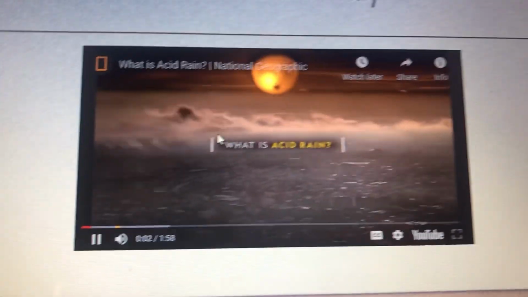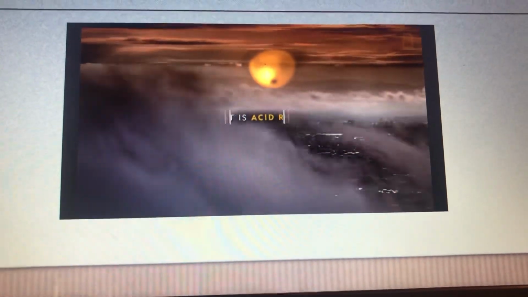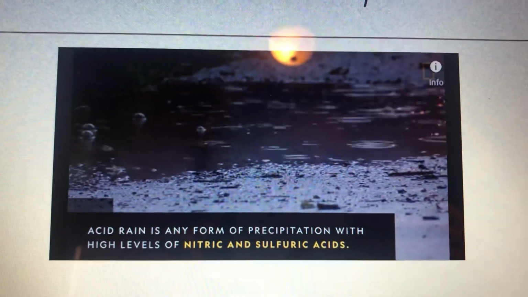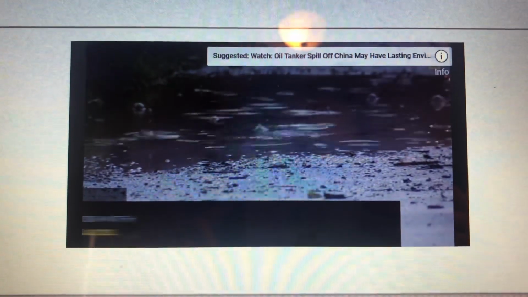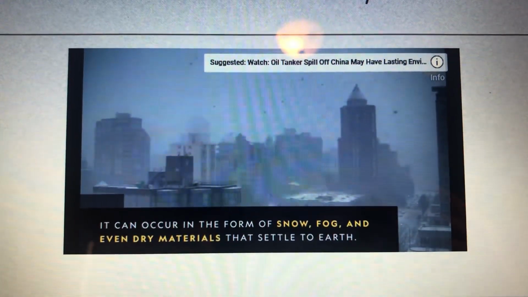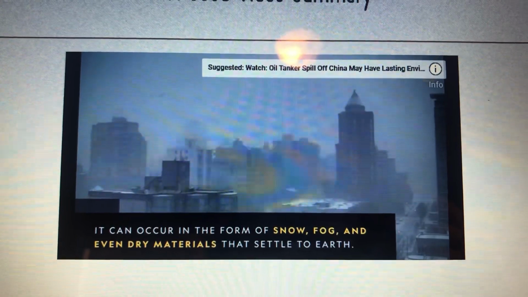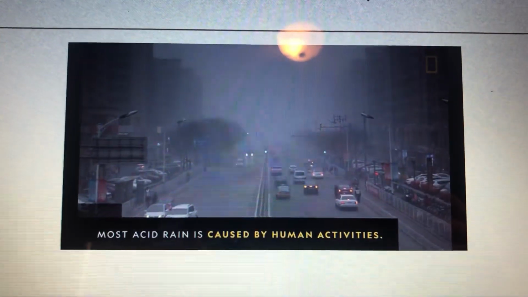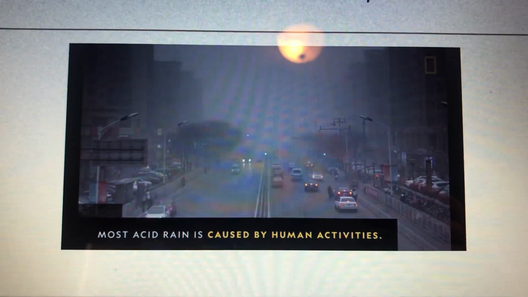What is acid rain? Acid rain is any form of precipitation with high levels of nitric and sulfuric acids. It can occur in the form of snow, fog, and even dry materials that settle to earth. Most acid rain is caused by human activities.